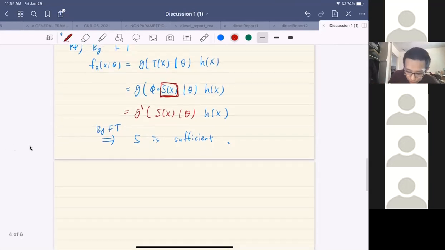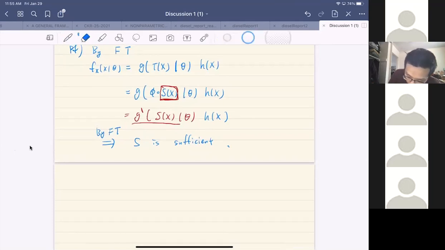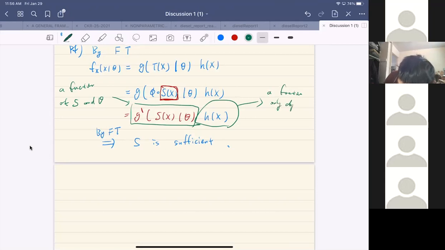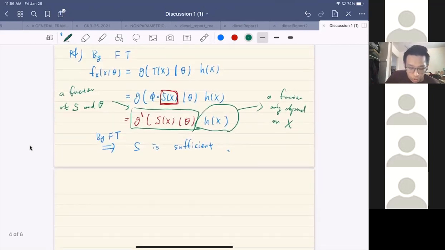If we can separate the s and theta, so this is a function of s and theta, and this only depends on x, then we can apply the factorization theorem to say that s is sufficient. So the key is to separate s and theta, these two terms.